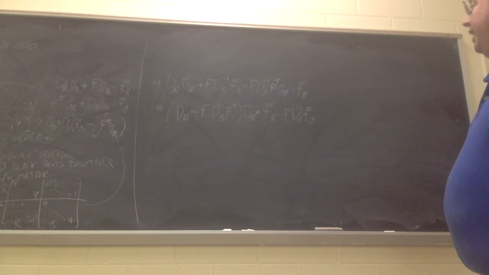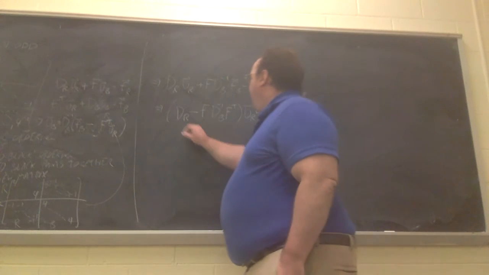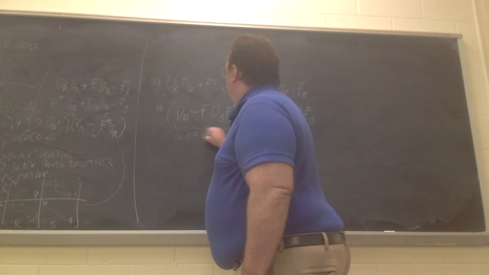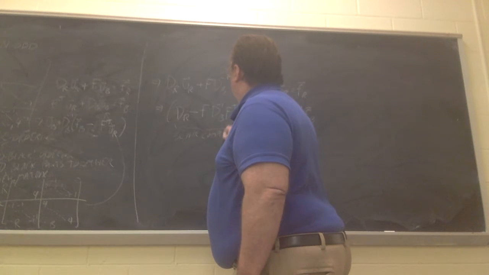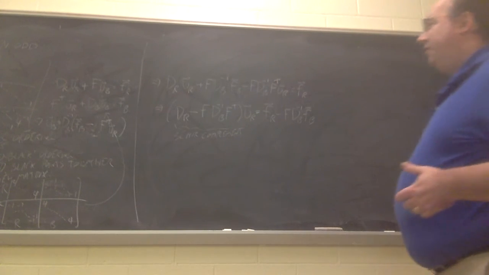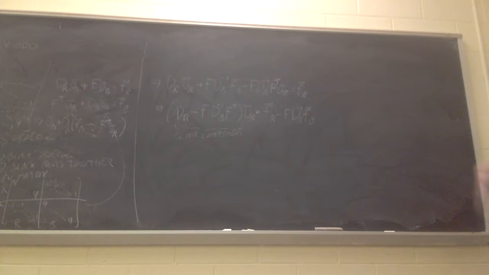Okay, and this type of matrix has a name. It's called the Schur complement. So that comes up a lot solving system equations like this, where you're breaking your domain down into two halves in some way.